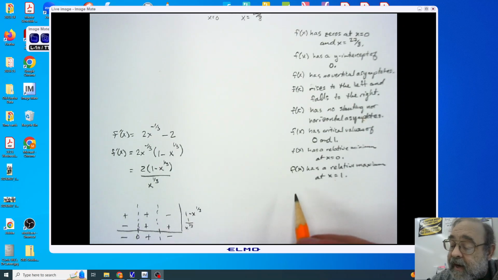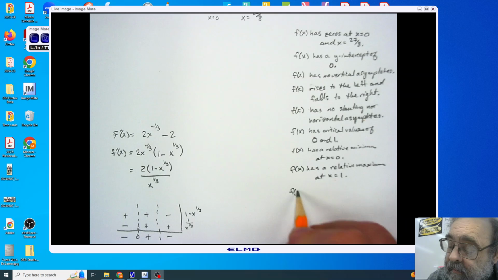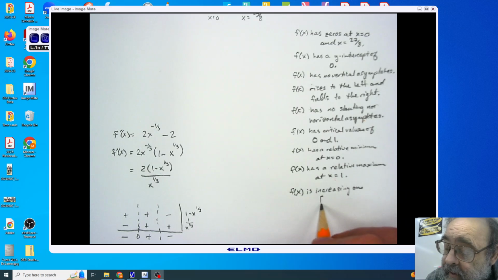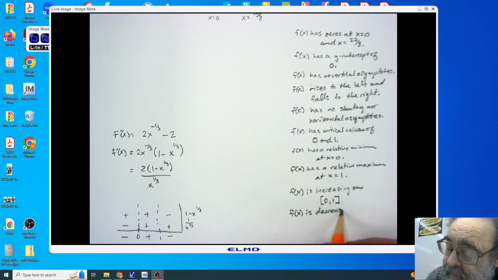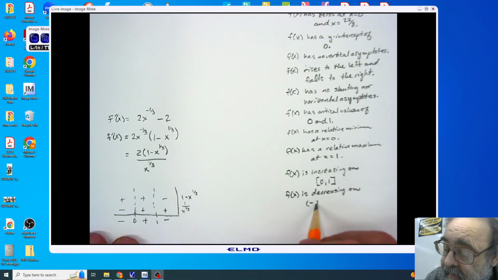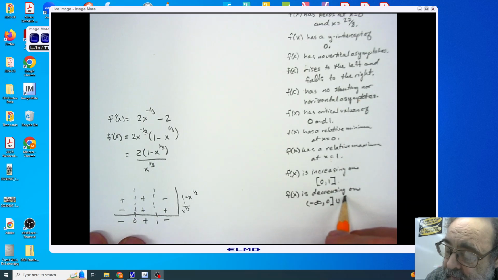Let's see, f of x is increasing on, and that would be from 0 to 1. f of x is decreasing on, we're looking at negative infinity to 0 and 1 to positive infinity.